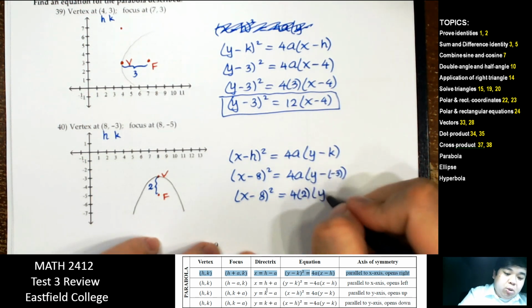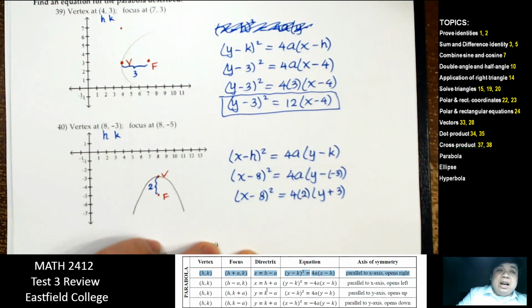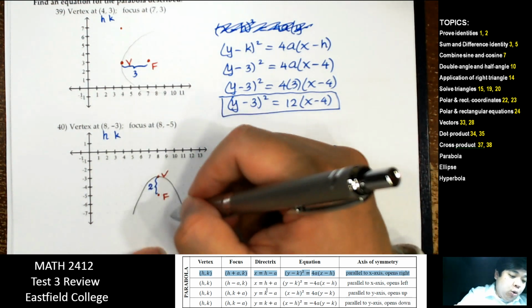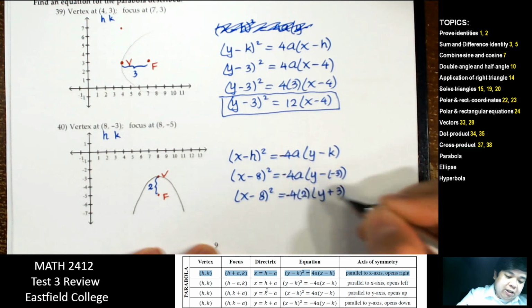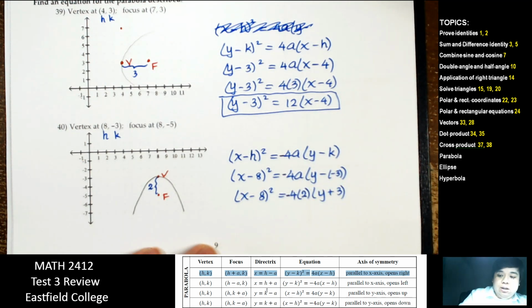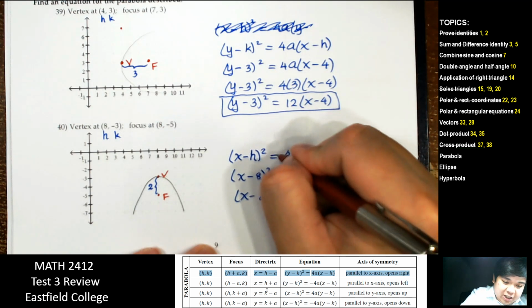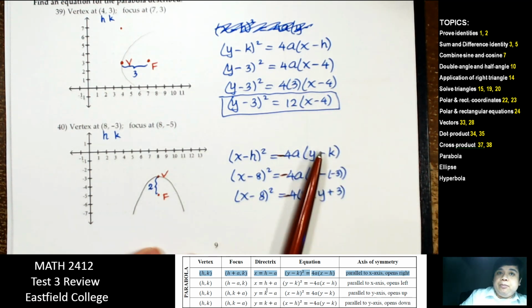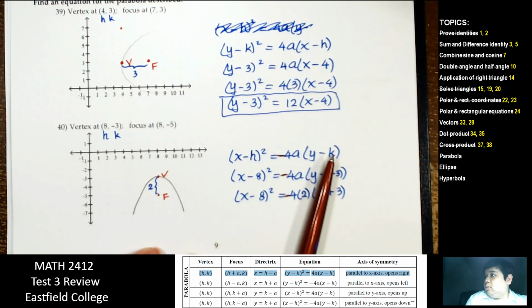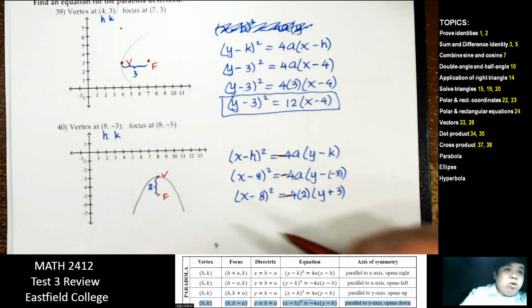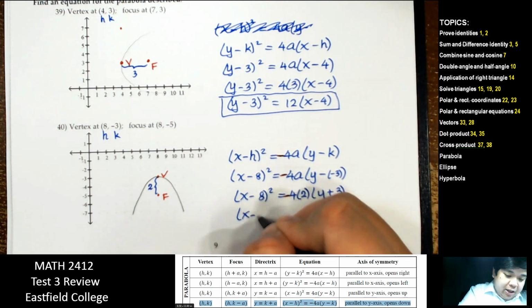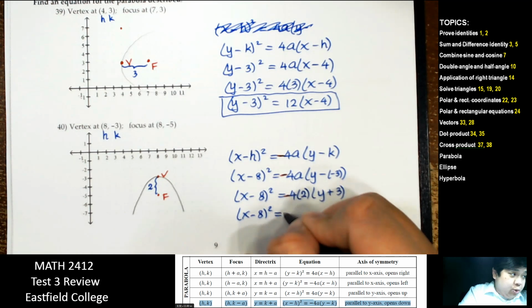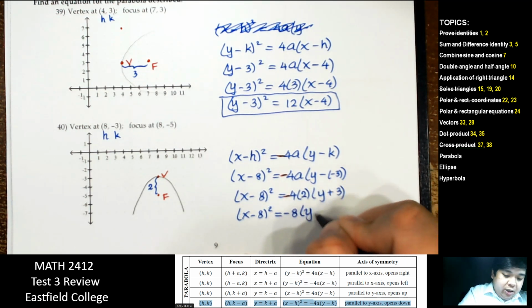Of course, we need to do one more thing: if this one opens down, it will be negative. And a is always positive. So x minus 8 squared equal to negative 8 y plus 3.